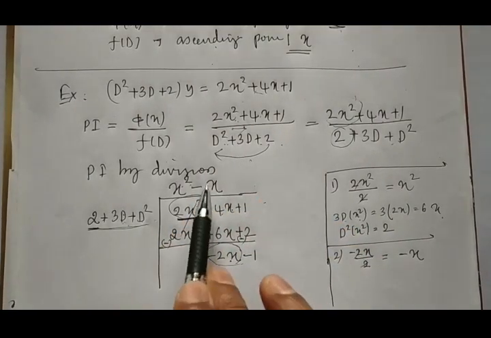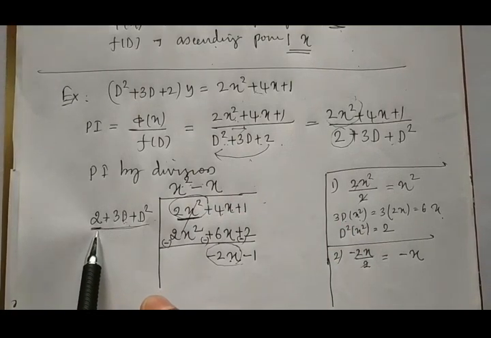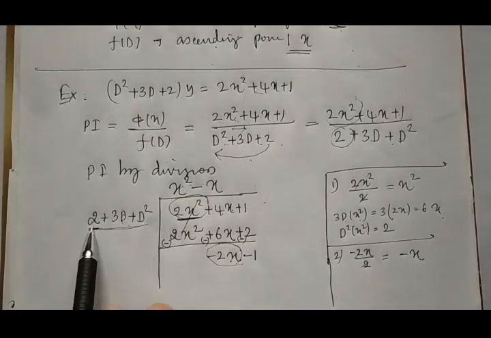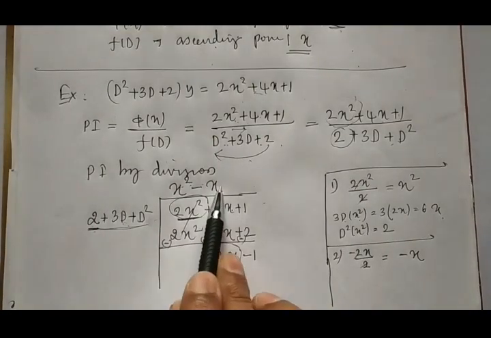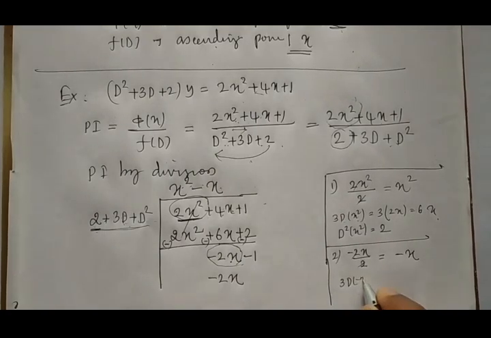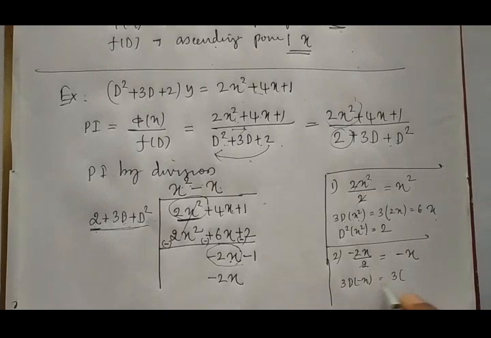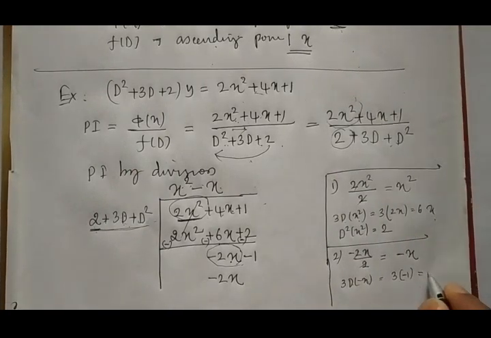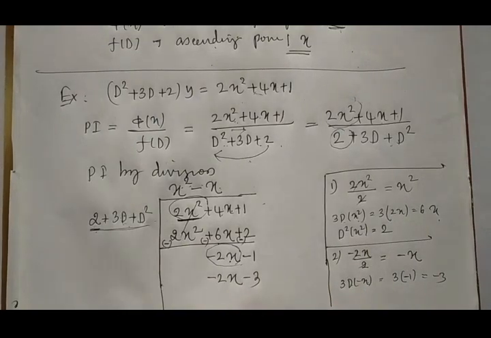Then again, this minus x into this whole thing. Minus x into 2 will be minus 2x. Then minus x into 3D means what? 3D of minus x. So that is 3 into differentiation of minus x, which is minus 1. So that is equal to minus 3. That will be written here.